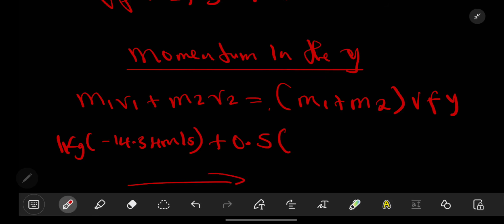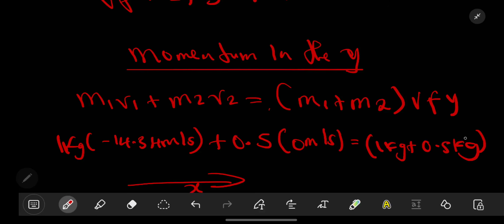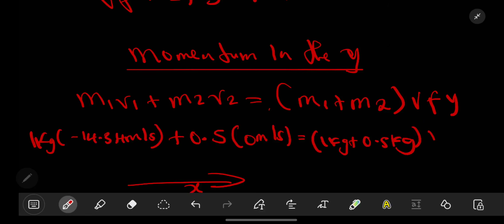The pigeon was moving purely in the x-axis, therefore its velocity in the x is 0 meters per second, which should be equal to our mass 1, which is 1 kg, plus our 0.5 kg, times our VF in the Y direction.